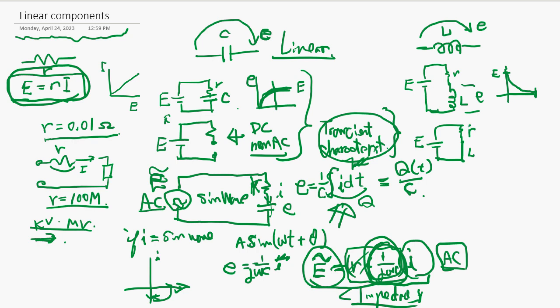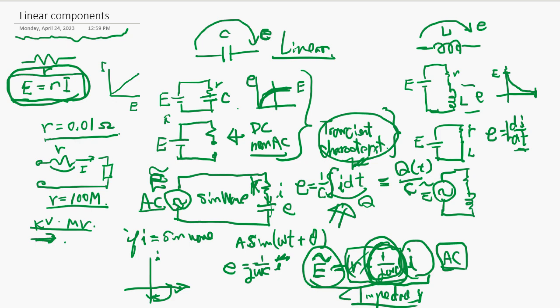Again, in the physics we learned, the voltage across inductance is L di/dt, right? And di/dt, if again AC power source, so I is now a sine wave, right?